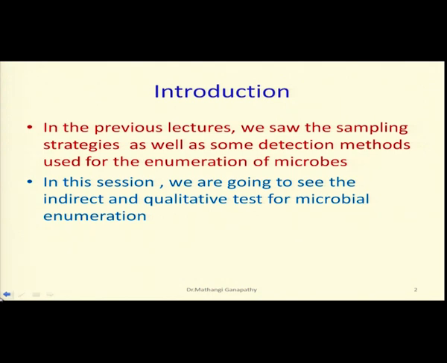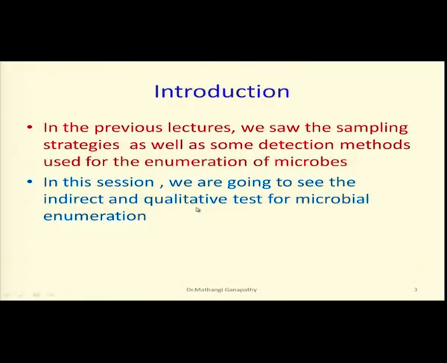Today we are going to talk about the indirect and qualitative estimation of microbial content from food samples. In the earlier lectures, we saw the sampling strategies, meaning that if you are given a lot of food, how will you randomly choose the sample from among that lot, and what the attributes were, like whether you kept a marginal threshold level above which you accept that the food has microbial contamination, and below which it can be accepted.